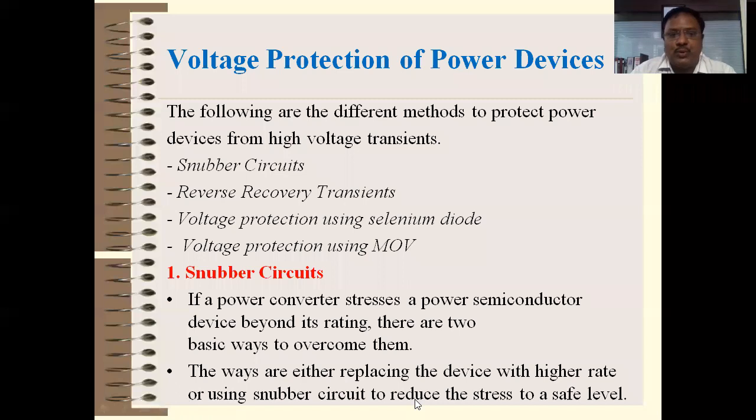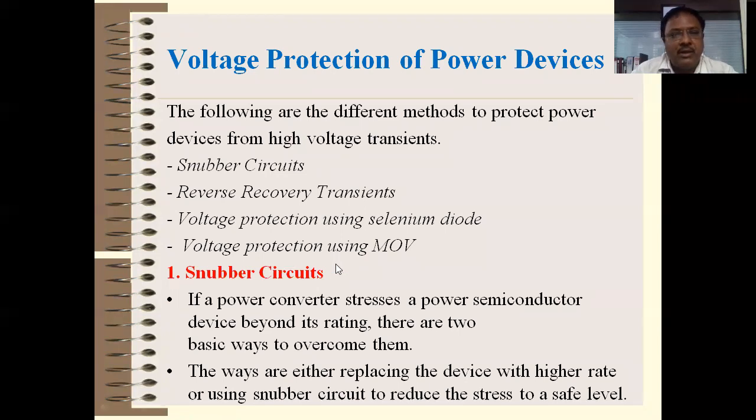Normally we have to use higher power rating devices than the rating of the circuit power or input power, but still that is not the proper solution. So using the snubber circuit along with the power devices is a good solution to overcome the stress of high voltage transients on a device.